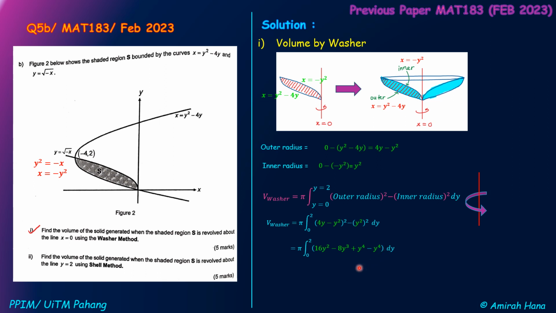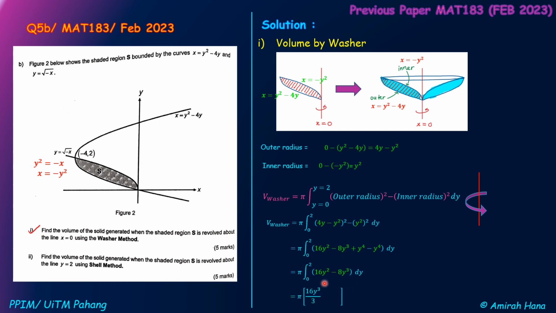Then we can simplify positive y to the power of 4 and minus y to the power of 4. So we got pi, and then integrate from 0 to 2. After we simplify this, we got 16y squared minus 8y cubed, dy, right?